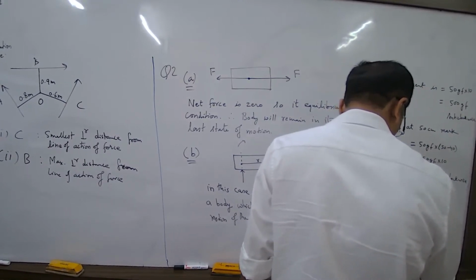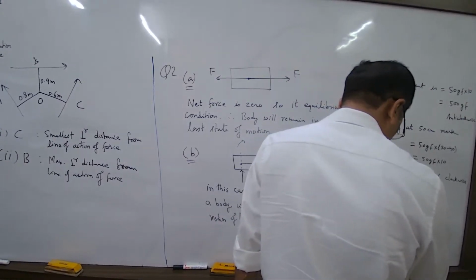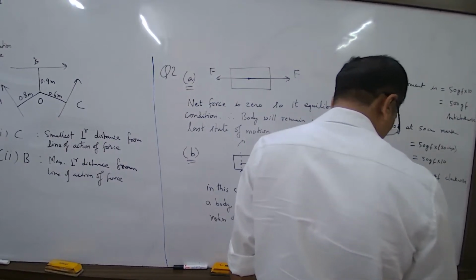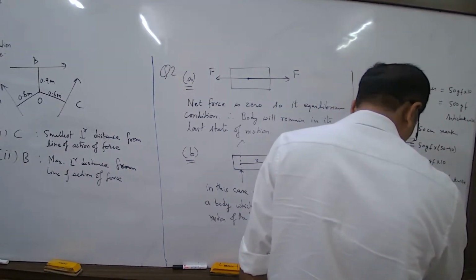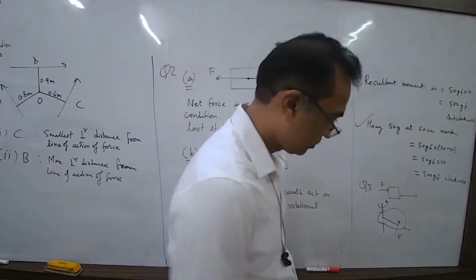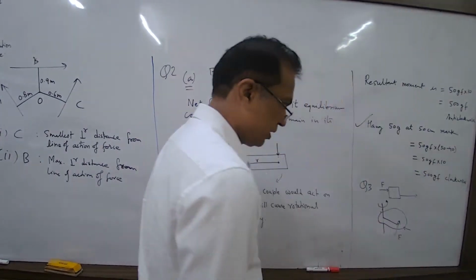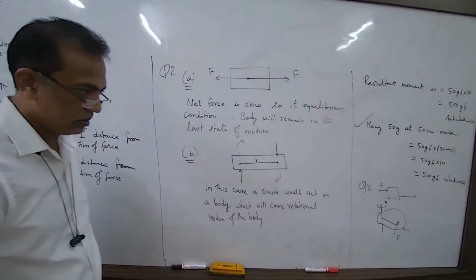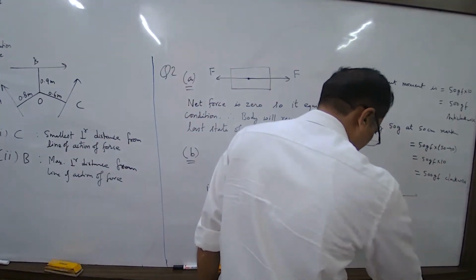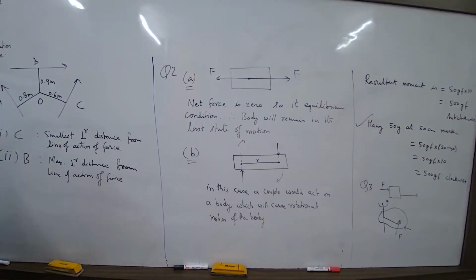Then too it will rotate. This is the perpendicular. But if the force is applied in this direction, along the line, then it will not. I mean, the line of action should not be along the pivot. That's the only condition. Okay.